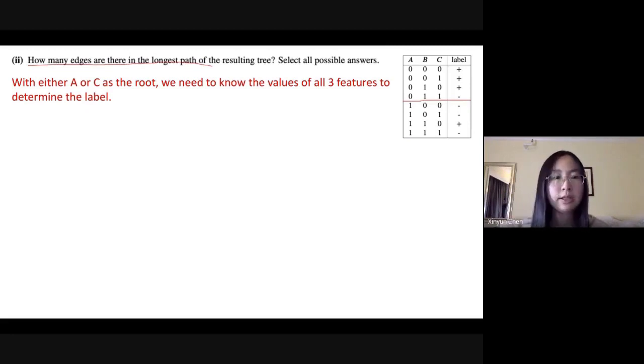Therefore, in this case, we need to know the values of all three features. So basically, the longest path will have three edges to enumerate all these features. And similarly, if we do the first split over C, it will always be the same case.